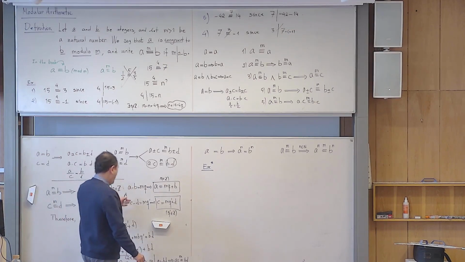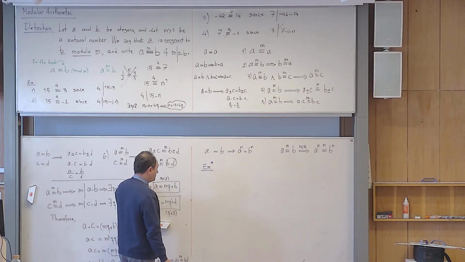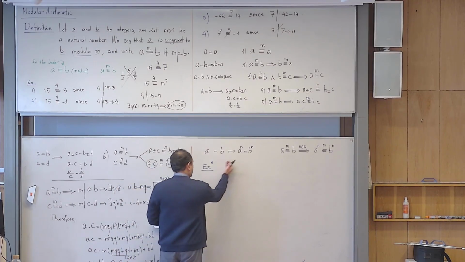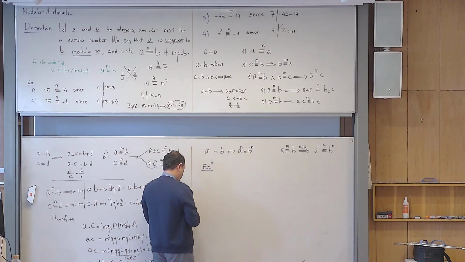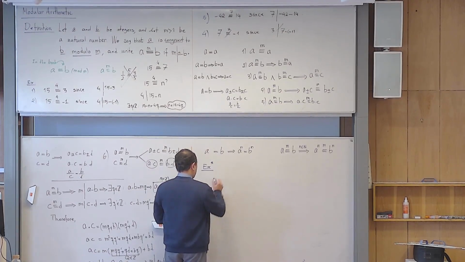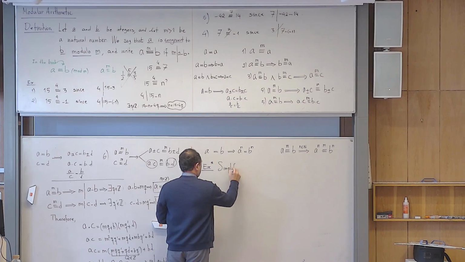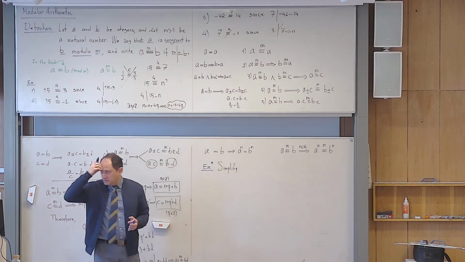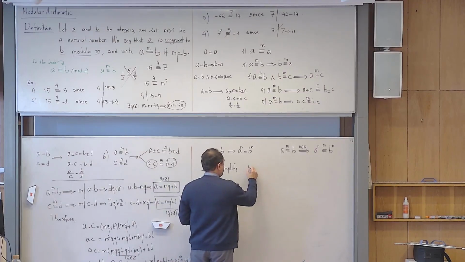The chances of me asking you to prove a theorem is not that high, okay? But this example I want you to learn. So simplify the number, simplify 5.